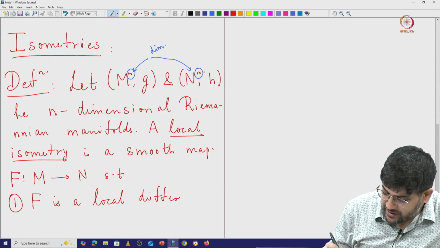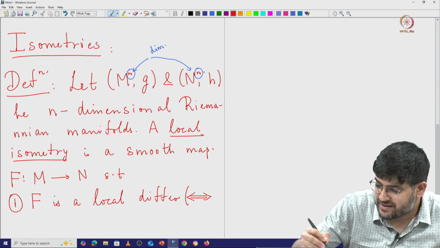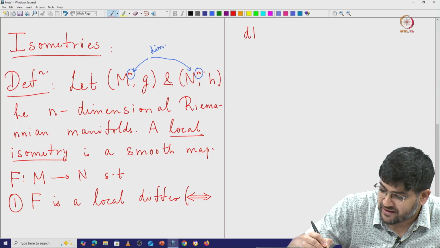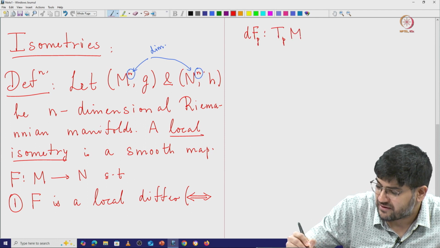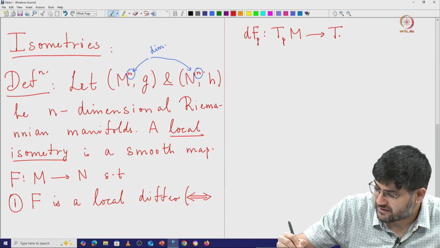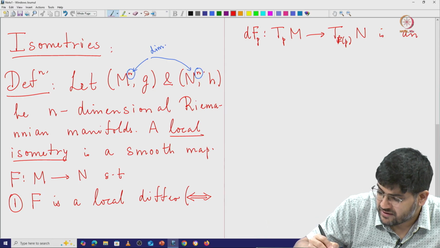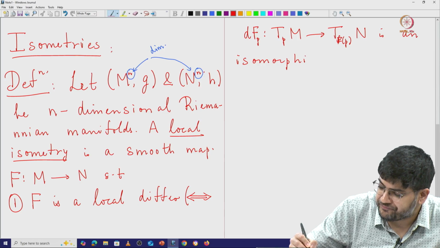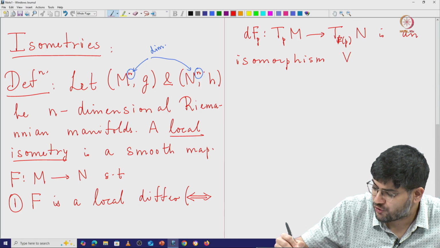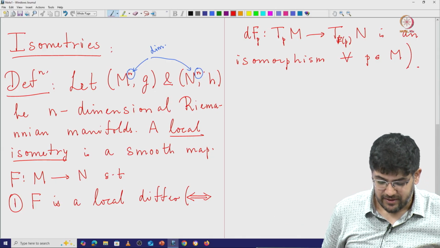Okay, so by the inverse function theorem this is equivalent to the statement that if you look at the derivative map, this is an isomorphism for all points P. Okay, right.